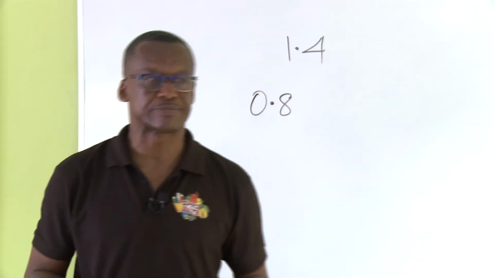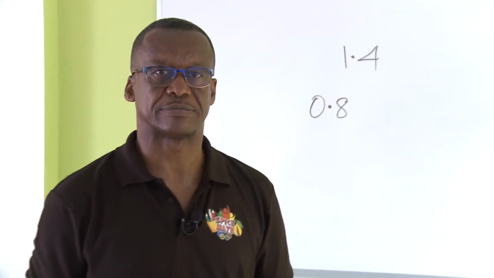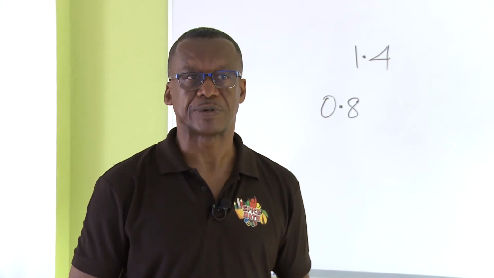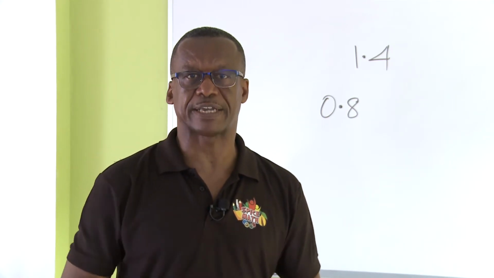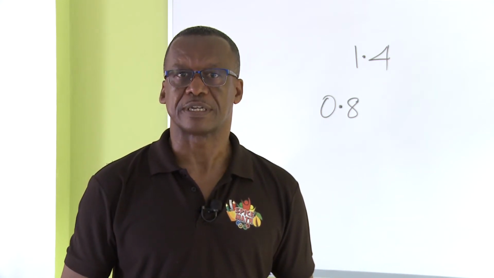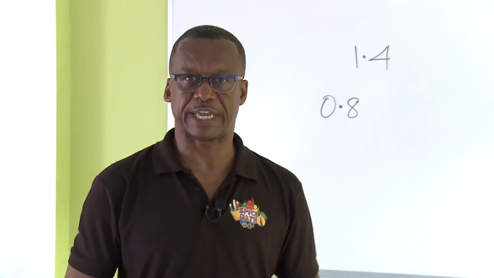So 0.8, what does it mean? That's a decimal fraction because the whole number is 0. And the number on the right-hand side of the point, which is 8, implies, as we said in the previous lesson, a negative power of 10.